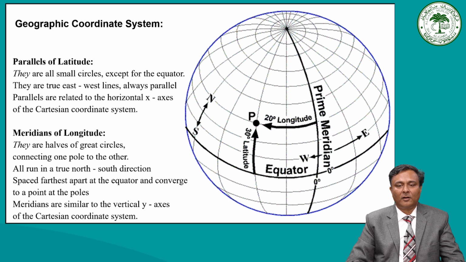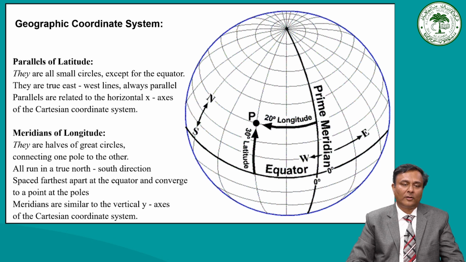The parallels of latitude are all small circles except for the equator. They are true east-west lines, always parallel, and these parallels are related to the horizontal x-axis if you consider it in the Cartesian coordinate system.